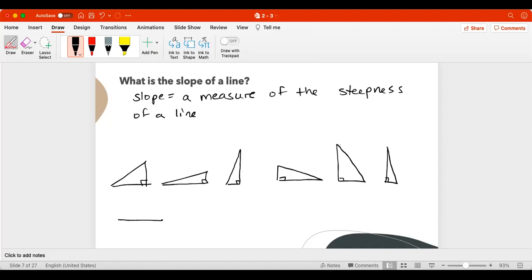Let's also draw just a straight road. And then let's draw something strange.